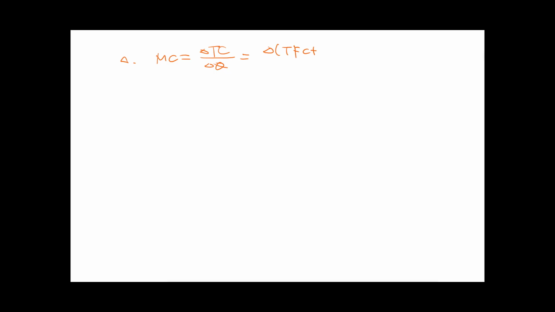Then there's no change in total fixed cost because it's fixed at a constant. So there's no change here. So the change in total cost is equivalent to the change in total variable cost divided by delta Q to derive marginal cost. So here we don't have total variable cost.